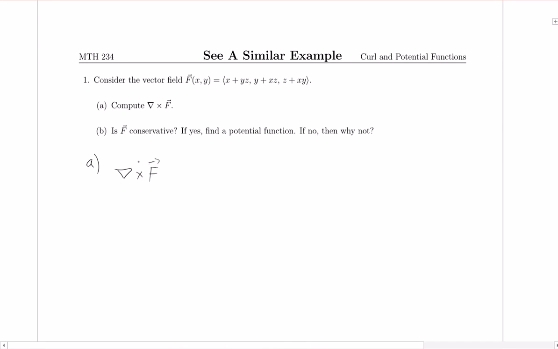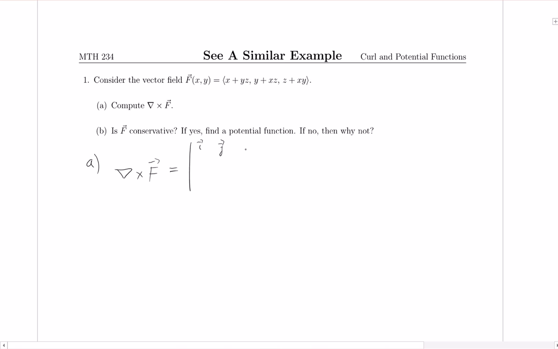So the curl of F, also sometimes just written as curl F, can be computed using a 3x3 determinant formula.